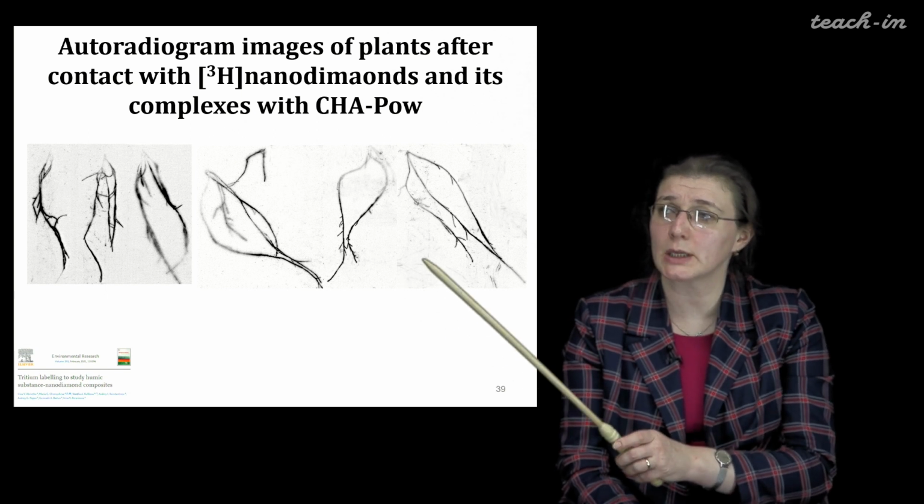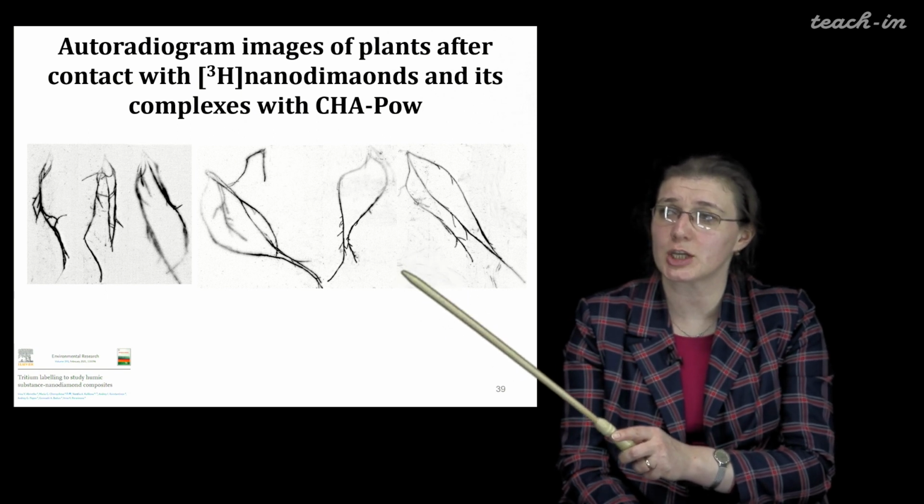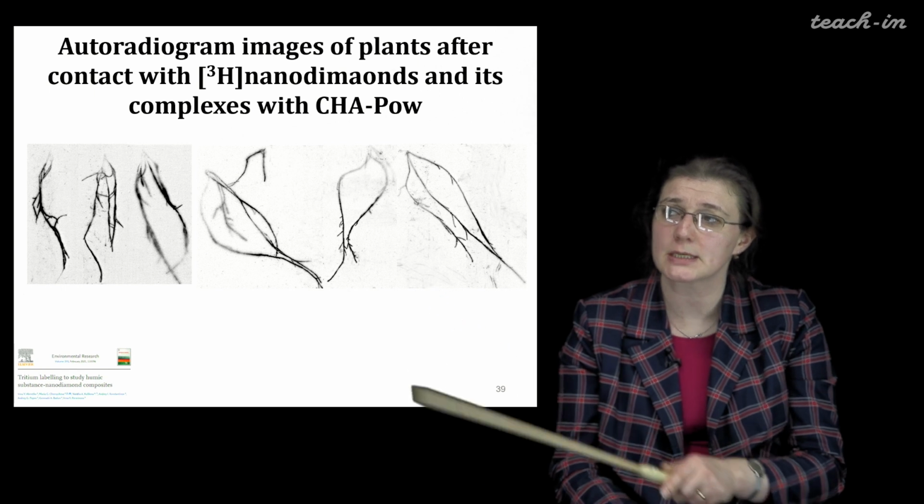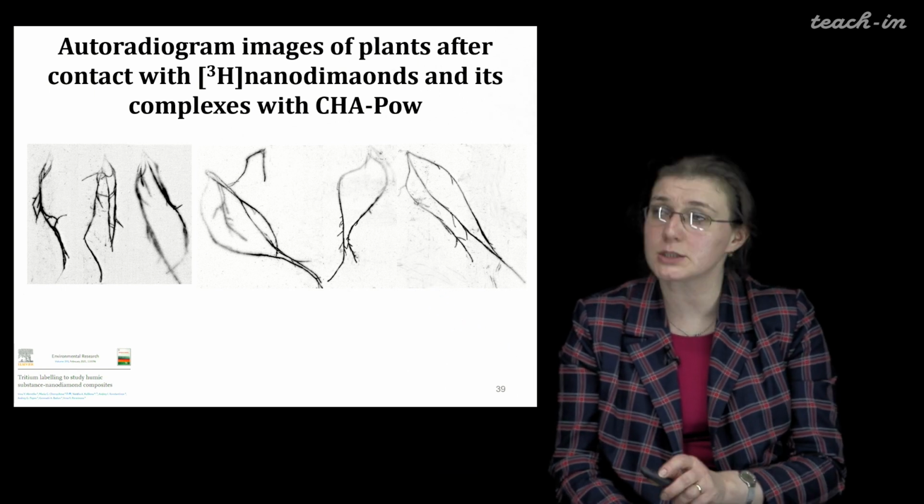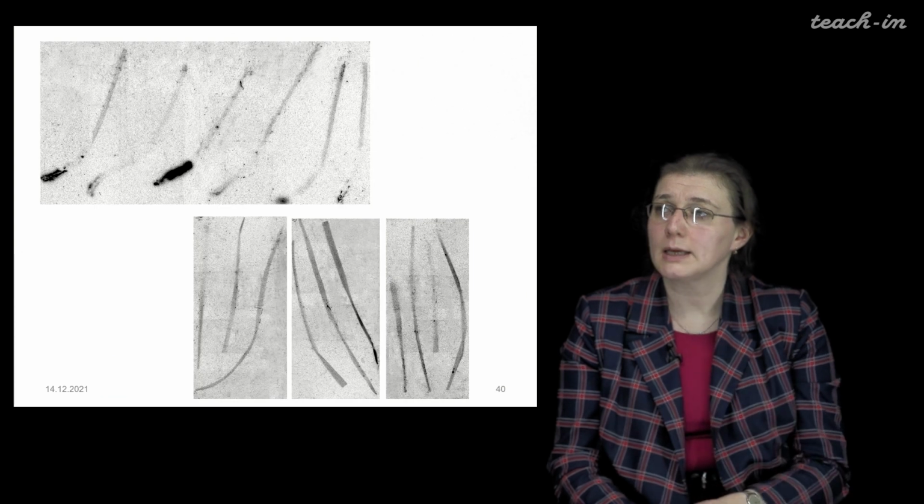And what we can see is that both positively charged and negatively charged nanodiamonds can be absorbed on the surface of the root.